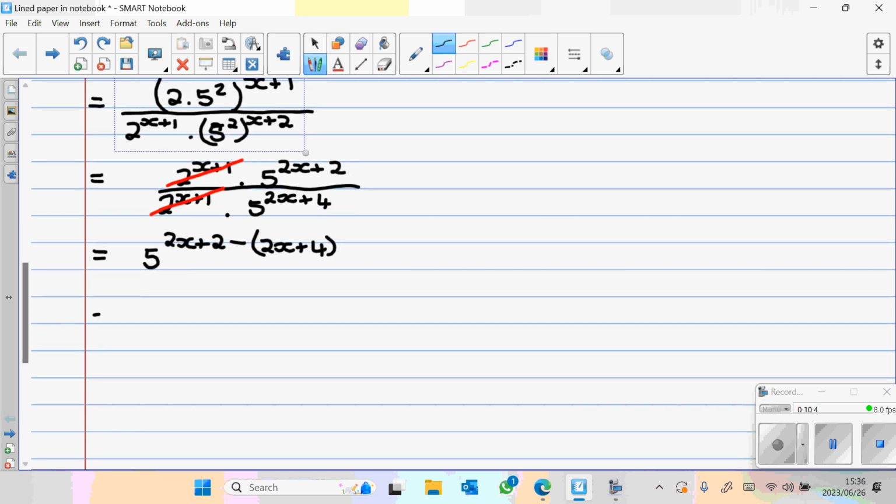So you will have 5 to the power of 2x plus 2 minus 2x minus 4. So that is 2x minus 2x, which is 0, plus 2 minus 2. So I have 5 to the power of minus 2, which means it is 1 over 25.